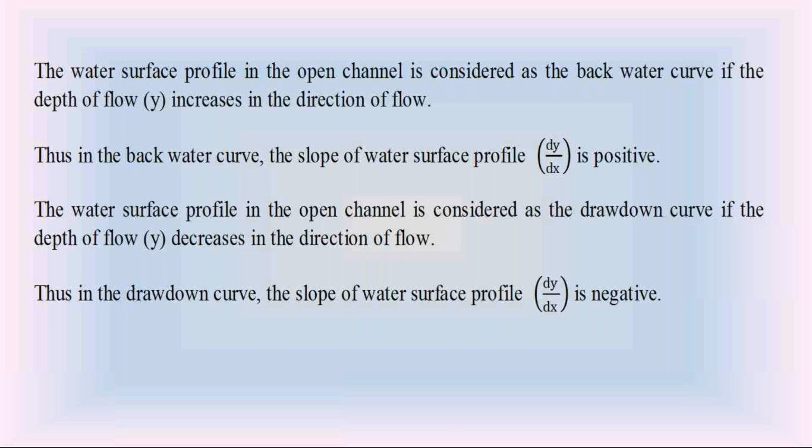In that, dy by dx is the slope of the water surface profile with respect to the channel bottom. If that slope dy by dx is positive, the water surface profile is rising, and a rising profile is called a backwater curve. Whereas if the slope dy by dx is negative, we call it a falling water surface profile, and in open channels, the falling profile is called a drawdown curve.